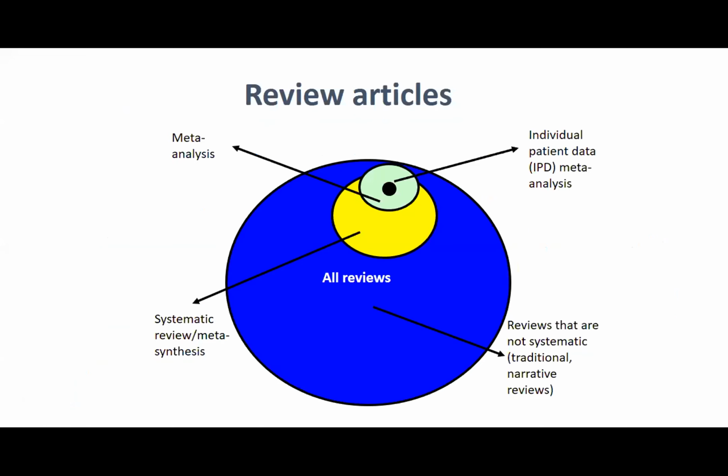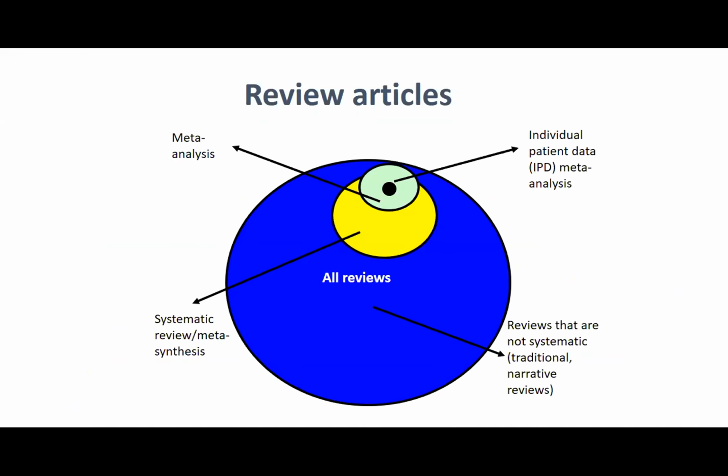So in summary, one finds quite a lot of reviews out there, and that's all that you see in the blue circle. And some of those reviews will be the traditional reviews or narrative reviews that are not necessarily being done using good methods for searching and including studies. Some of those reviews will be done, and those will be systematic reviews, and that's the yellow circle.